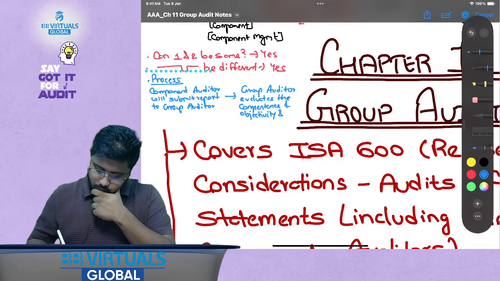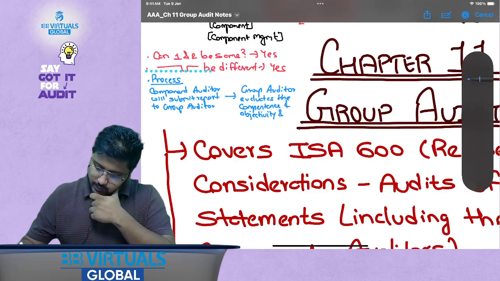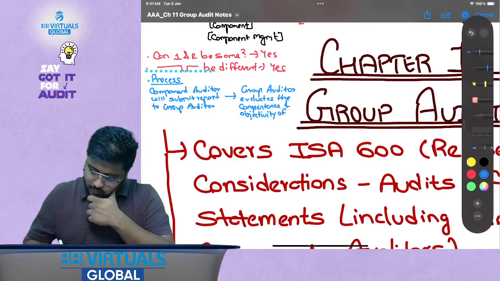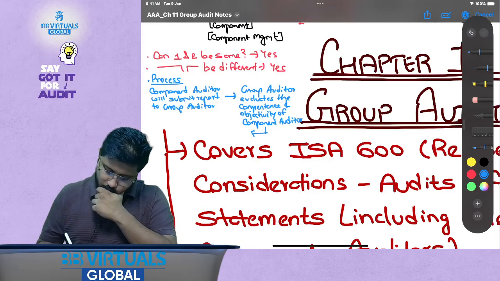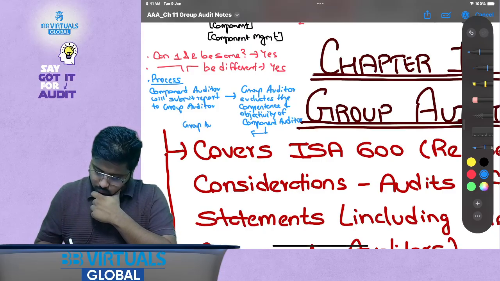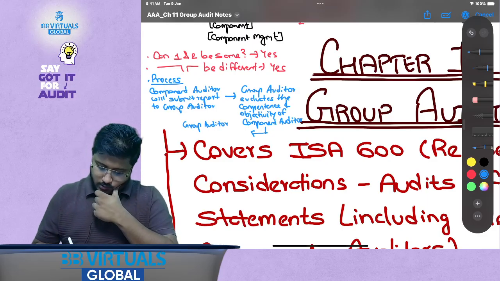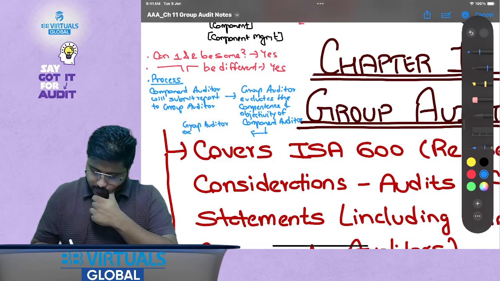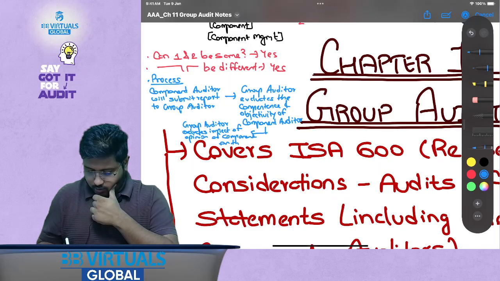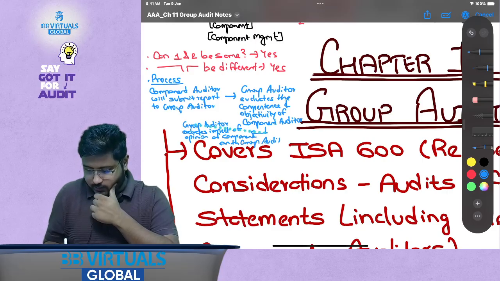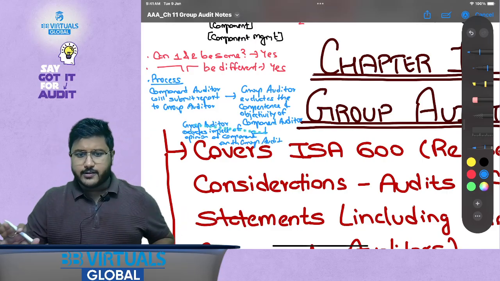Then the group auditor evaluates the impact of the opinion of the component on the group audit, and then the relevant changes are done. Okay, this is the basic process.